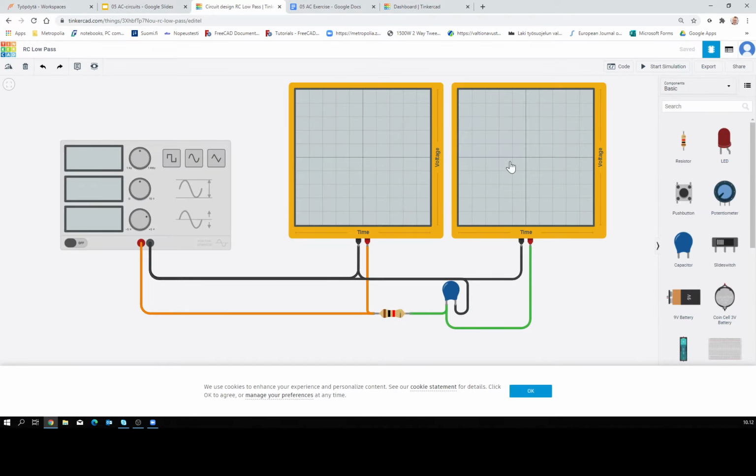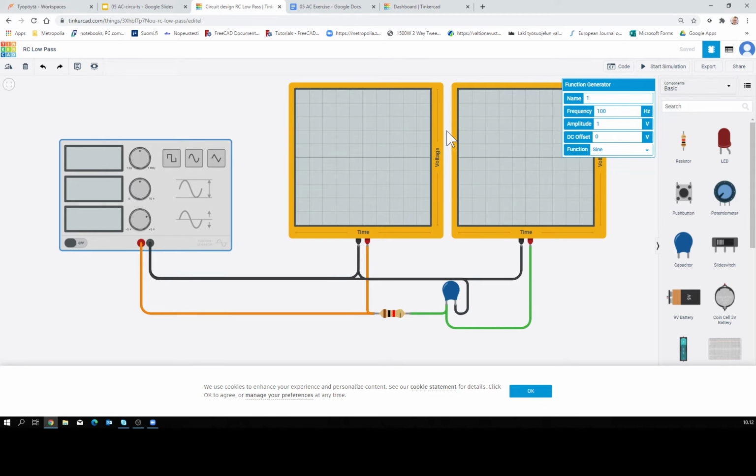Right, there. So I have a function generator, and then I have resistor and capacitor. The resistor value is 1 kilo ohm, and the capacitor value is 100 nano farads. Then I have the function generator here, starting frequency at 100 Hertz.